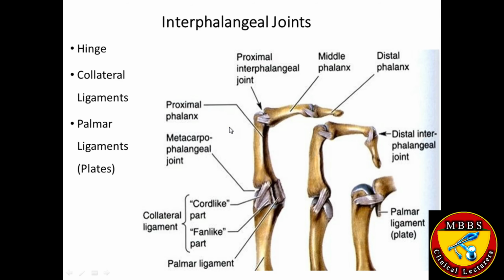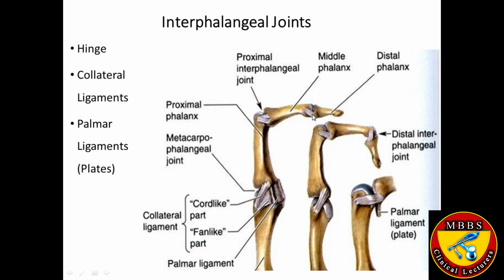Interphalangeal joint, as the name indicates, is the joint between the phalanges of the digits. This is the proximal interphalangeal joint. This is the middle phalanx, and this is the distal phalanx. This is the distal interphalangeal joint. Distal interphalangeal, proximal interphalangeal joints over here. Now, you can see the metacarpophalangeal joint over here, and in it you can see the collateral ligament, that's the cord-like portion, and that's the fan portion of the collateral, and that's the palmar ligament over here.